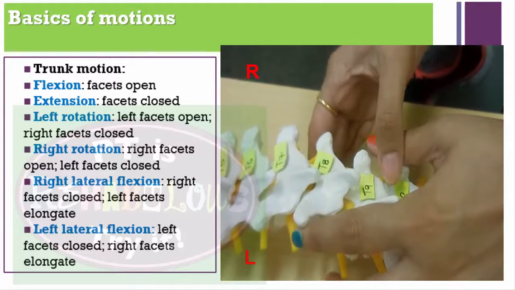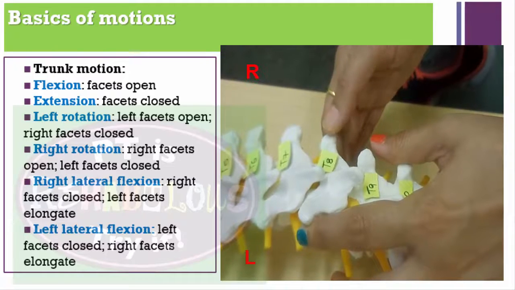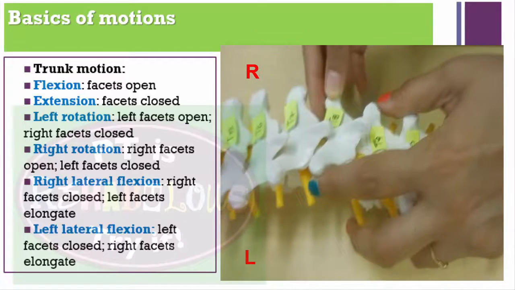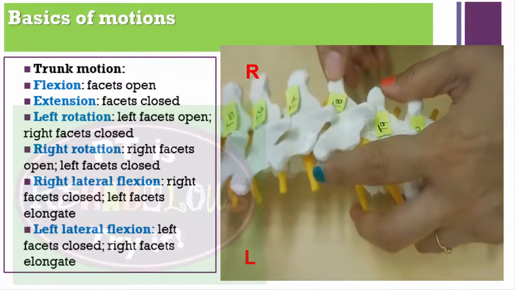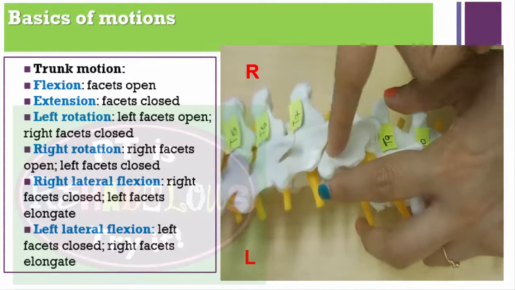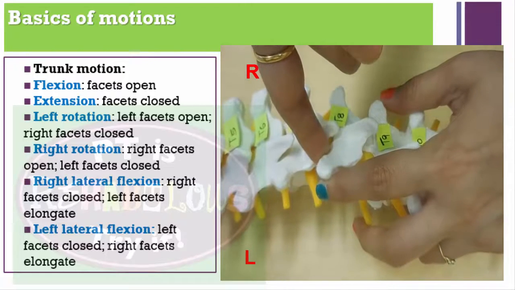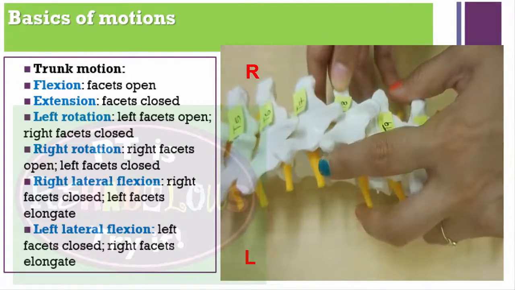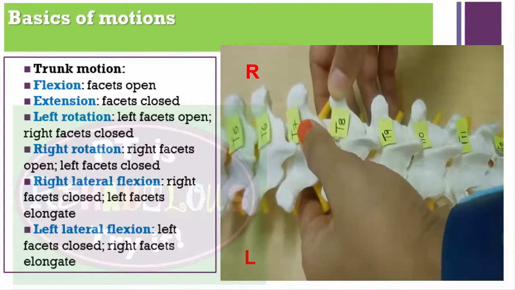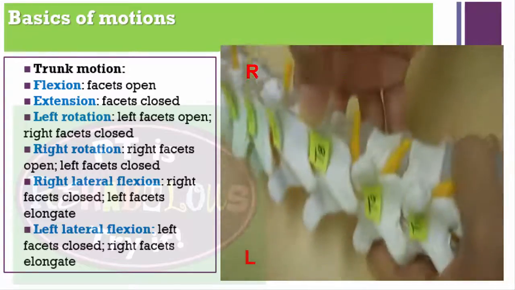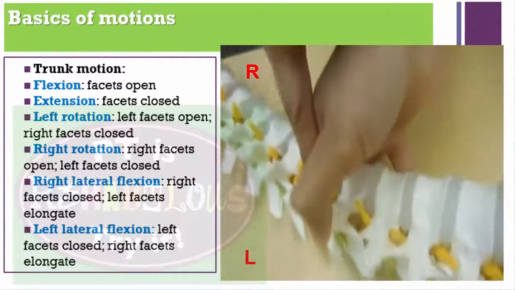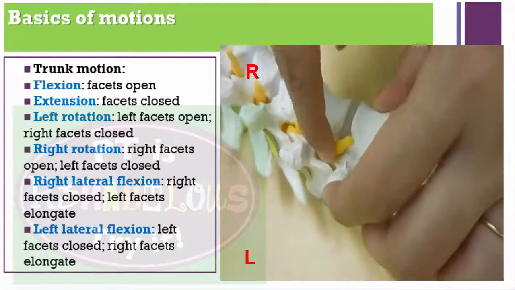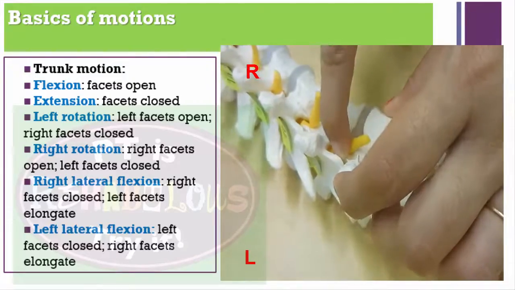If I'm doing rotation to the right side, here we can notice that in right rotation your T8 left facet is closed here. But simultaneously we can notice, let me turn for you guys, here your facet is open. This facet is open to the right side.